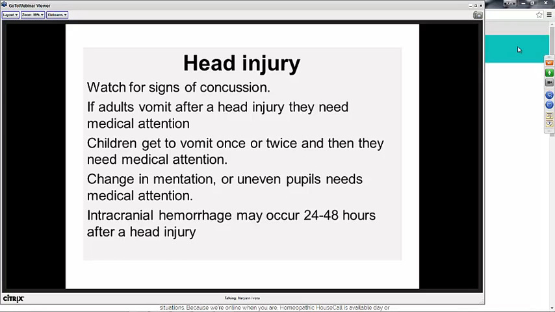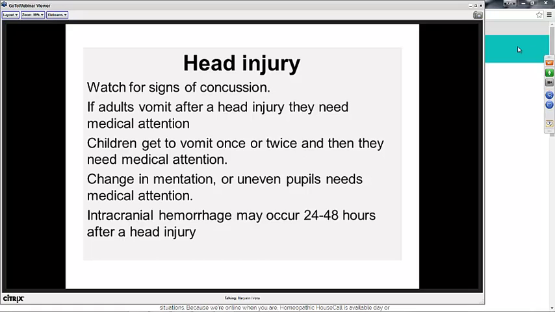Questions? What are some of the other physical signs? Well, it's a change in mentation. Certainly if a person doesn't have the ability to speak the way they did, their speech changes, it slurs, any of that kind of stuff.